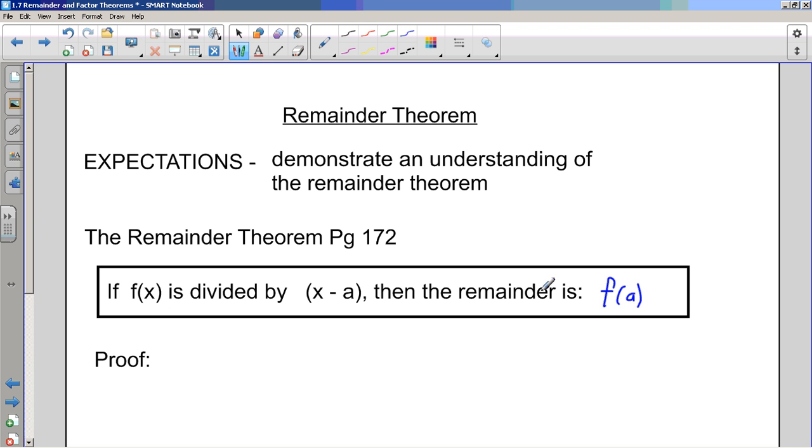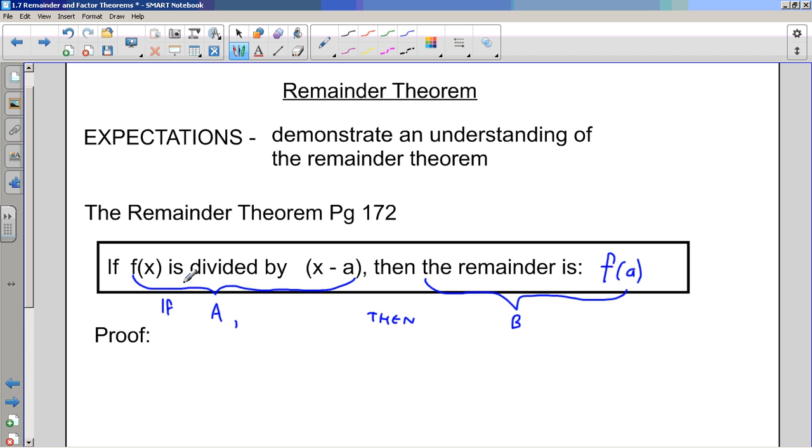This statement is a typical math statement, and it says, if blah, then blah. And notice that this is different than the proofs that we did in grade 11, the trig proofs. This has a different form. It says, if this is true, can we show that this is true? So it's kind of like we're given that this is true.